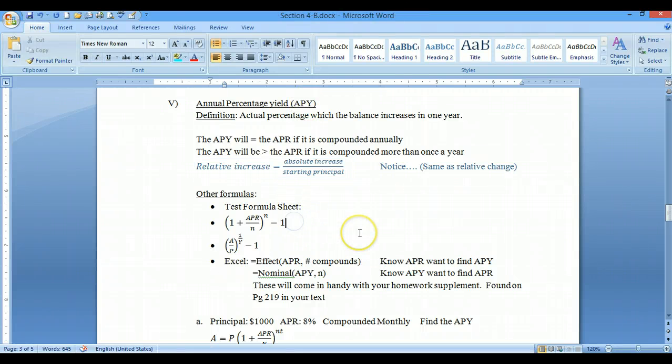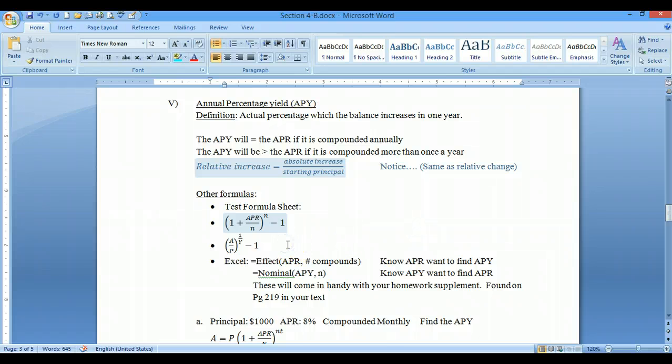So if you don't want to have to go through the whole process of finding the ending value, subtracting it from the original principal for the absolute increase, which is finding the final amount or the new minus the old, which would be your principal, you can just plug in your APR divided by the number of compounds a year, raised to that, subtract 1.